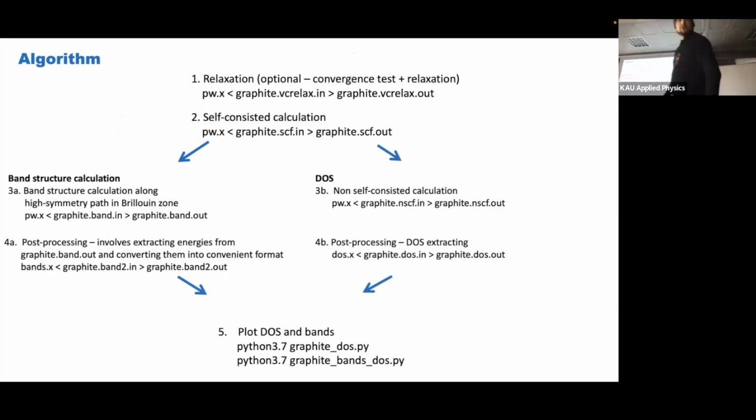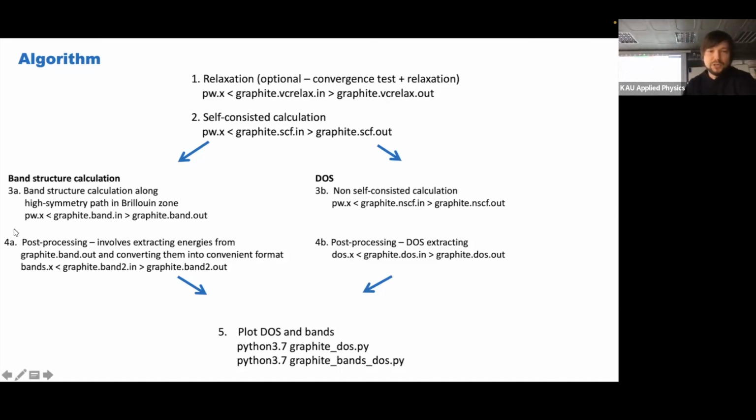Now the algorithm, how we will calculate all this stuff. Today we get another branch of our algorithm tree. This branch will go to DOS calculations, and then in a few weeks we'll add Fermi energy calculation to this algorithm.